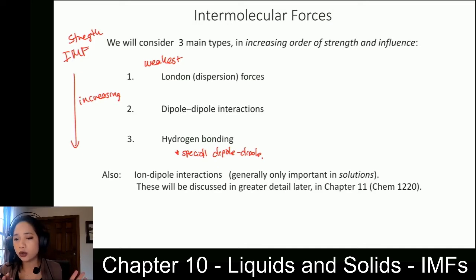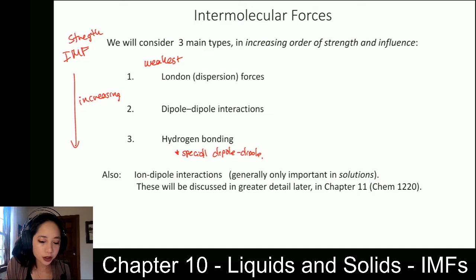So we'll just worry about molecules for now, and that will use these first three types of intermolecular forces. So let's go into the details of all three. Actually, before we go into all of the details, let me just give you the big picture of all three of these intermolecular forces.